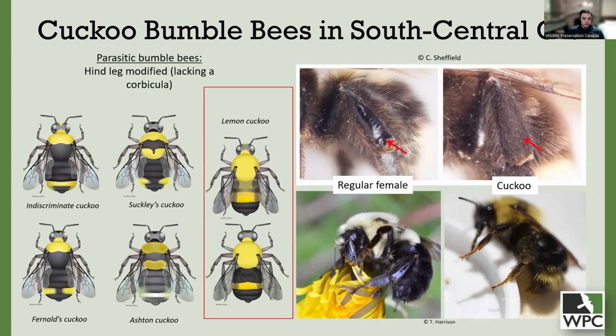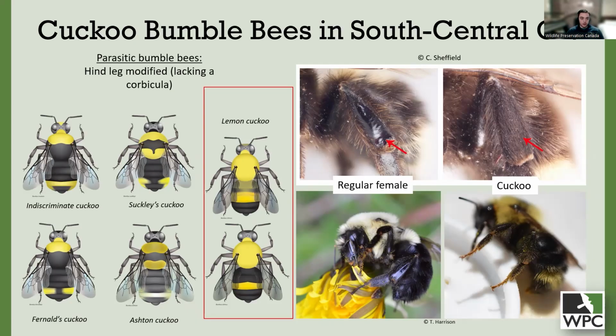Again, the most common that we'd see in South Central Ontario is going to be the lemon cuckoo. What differentiates this one from most other cuckoo females is that, like the perplexing or the confusing bumblebee, it lacks a thorax pattern. So it has an all yellow thorax. It does not have any spot or bands between the wings.